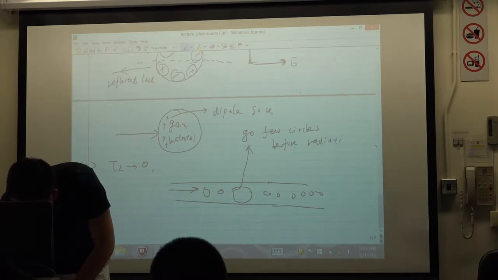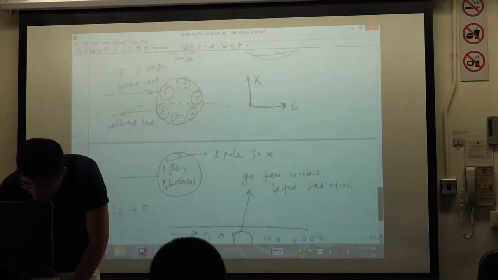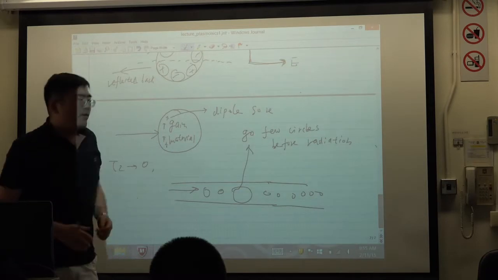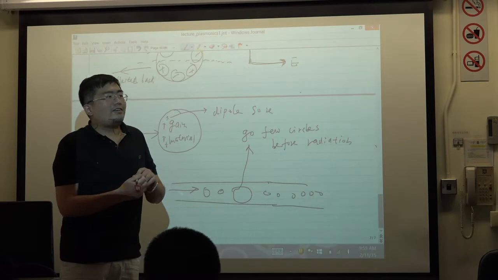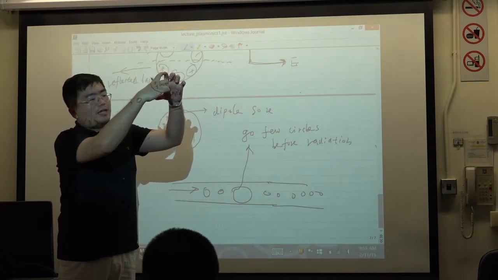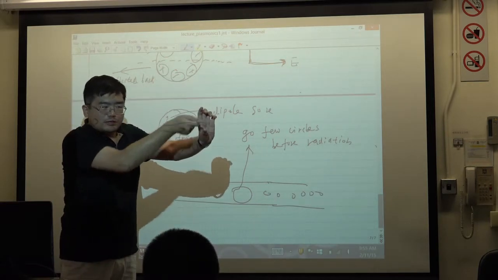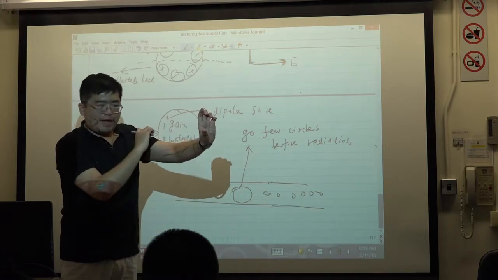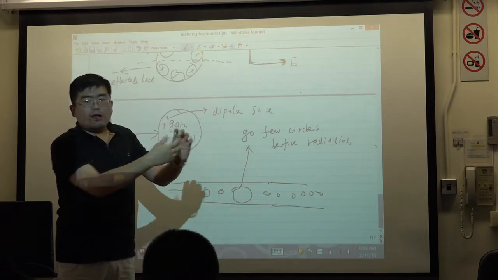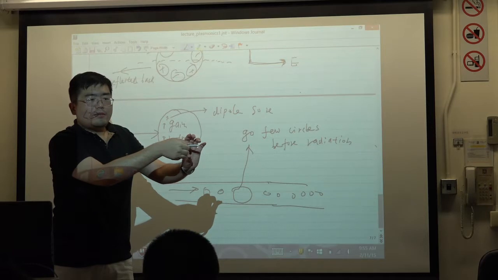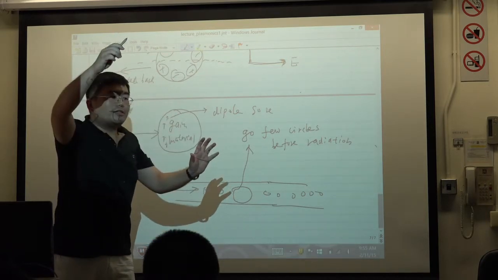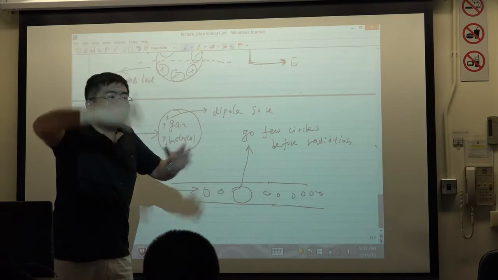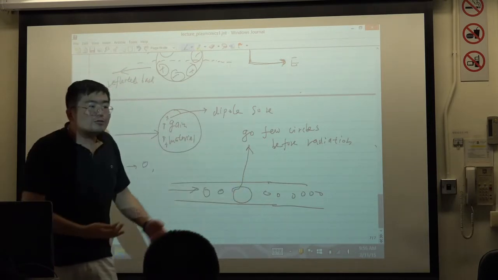So there are two situations. One situation means the quality factor is very high. When the quality factor is very high, you can understand it as a perfect electrical conductor. The wave cannot couple into its cavity. It totally reflects back. If the quality factor is too small, they can couple to its cavity, but they just go one round and emit out. The radiation is very weak, because the quality factor is too small.